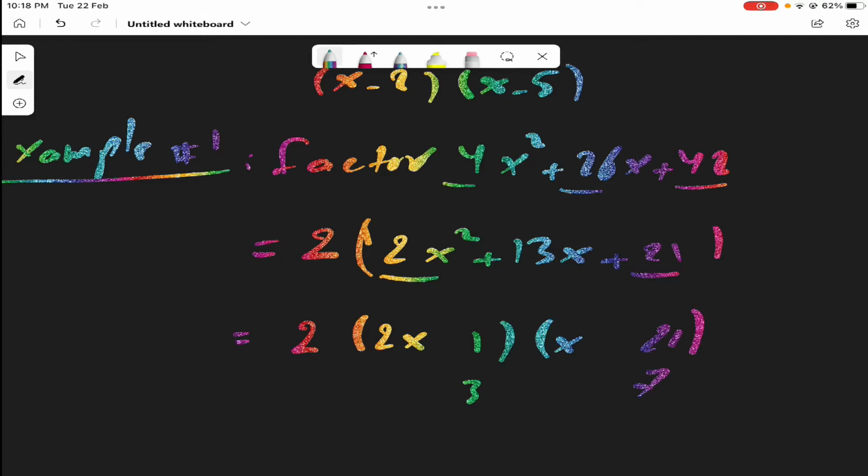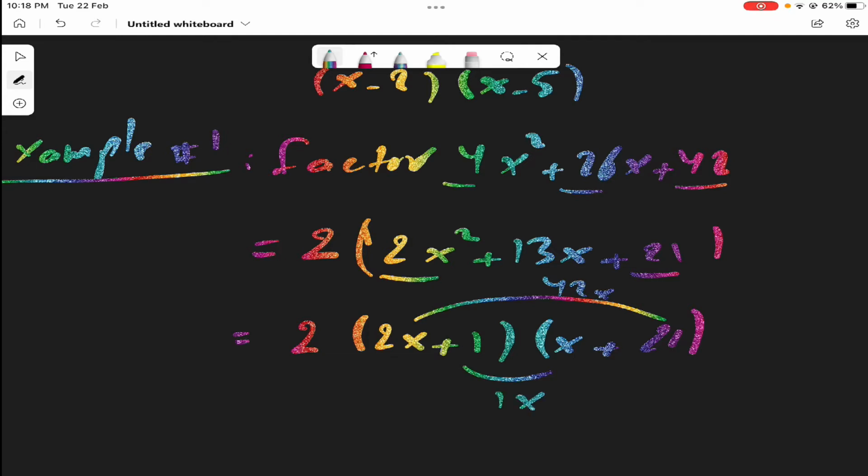So let me try 1 and 21. I put positive and positive. Instead of multiplying everything to know the correct answer, I just multiply 2x times 21, which is 42x, and 1 times x is 1x.